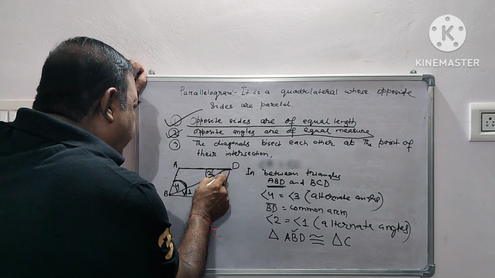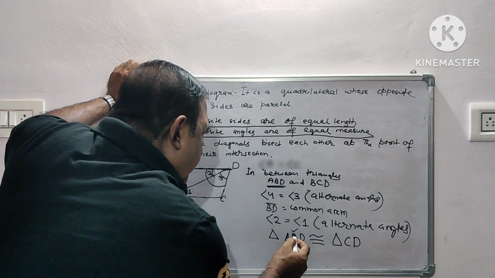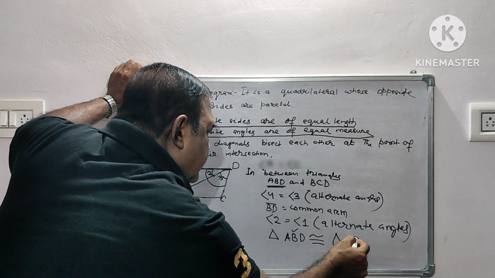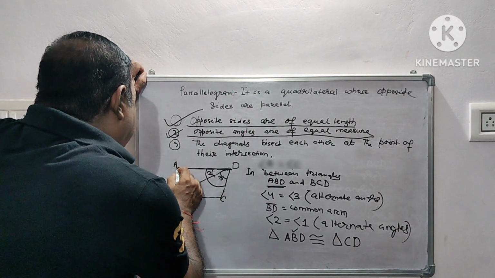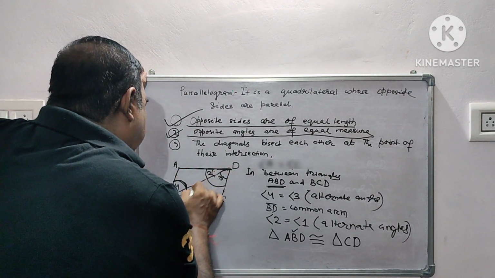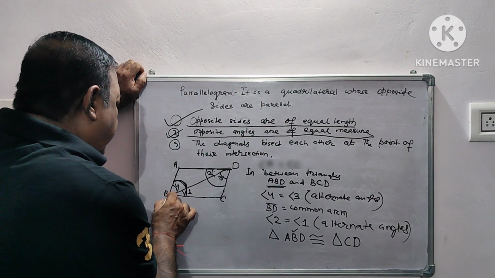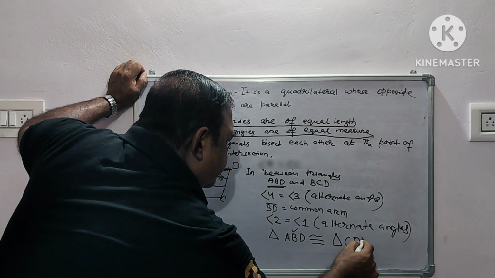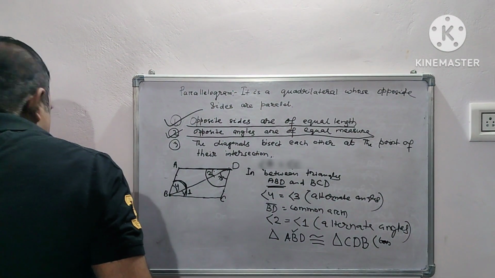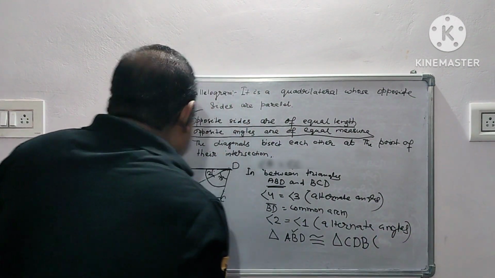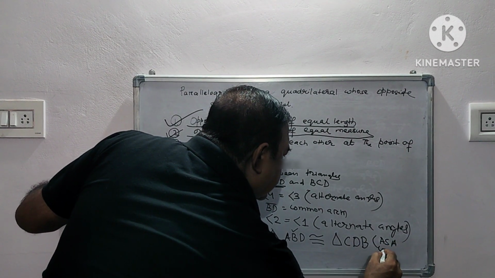So angle 3 is at vertex D. So we will write here D. So the vertex B of ABD triangle, that will correspond to vertex D of the second triangle. And D, ABD. So angle 2 that is equal to angle 1. Where is it? It is at vertex B of BCD triangle. So CDB. So this is ASA, angle side angle, congruence condition.